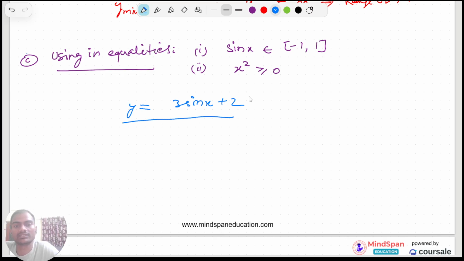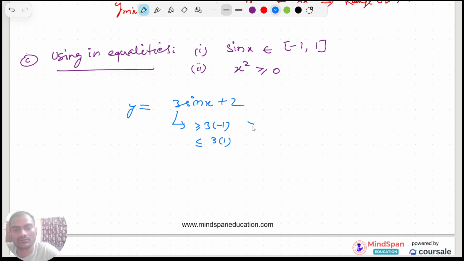We apply inequalities. Means sin x will always be greater than or equal to -1, so this portion is always greater than or equal to 3 into -1, and it will always be less than or equal to 3 into 1, right?